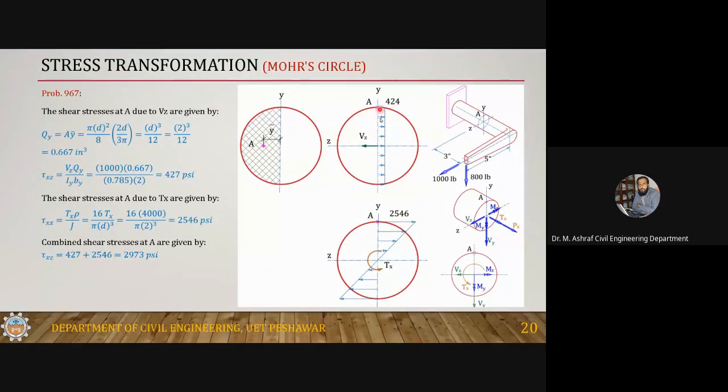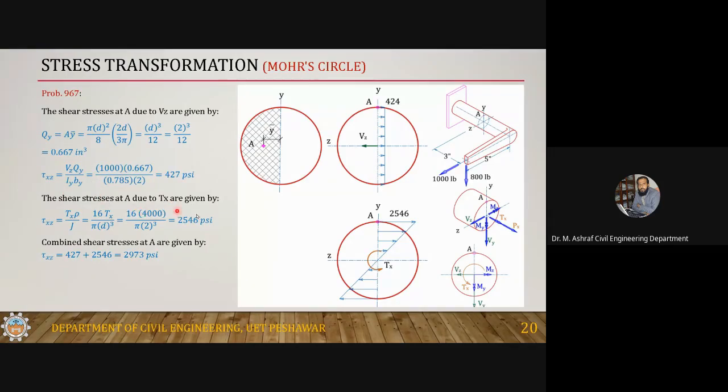From here up to here, this is b, the width at that location. So it will result in 427 psi. If the force is acting in this direction, the stresses will be in the opposite direction.